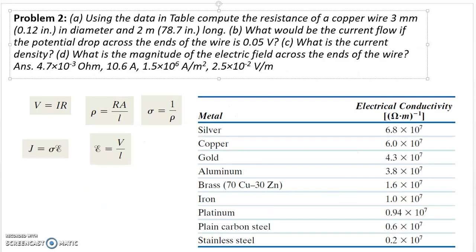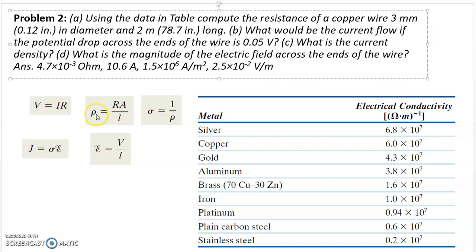Problem 2. Using the data in this table, compute the resistance of a copper wire 3 millimeter in diameter and 2 meter in length, and then there is part B. First let's find the resistance. For the resistance we can either use this equation or this equation.